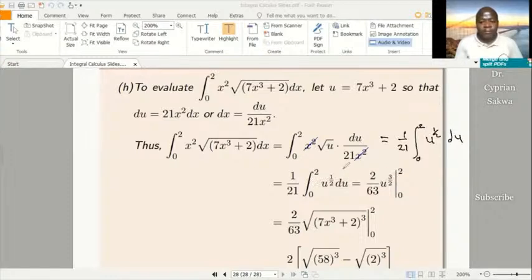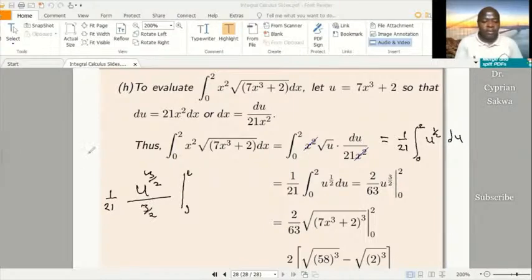Now integrate this. Just add 1 to the power, and what I have will be a half plus 1, divided by the new power, which is of course 3 over 2. A half plus 1 is 3 over 2. And I have 1 over 21 here, and we are doing it from 0 to 2.